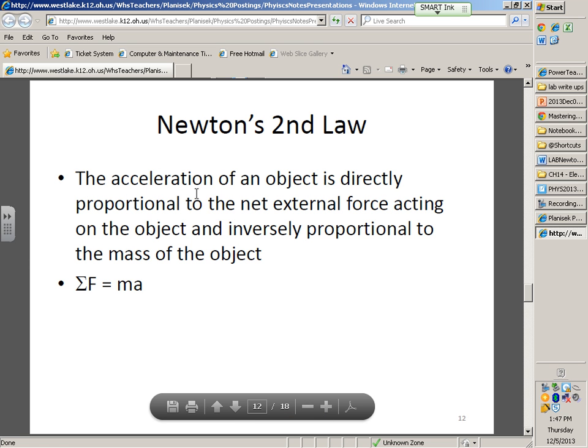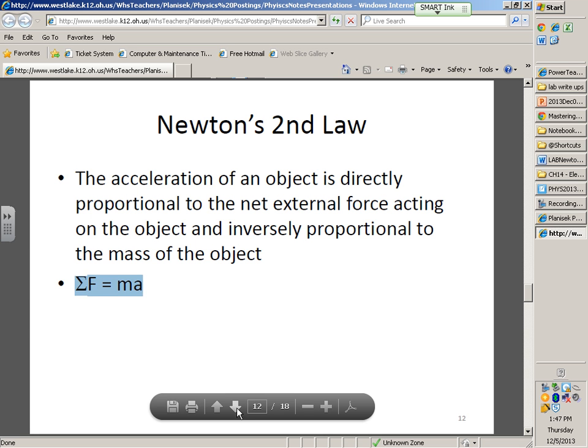The acceleration of the object is dependent upon the force acting on that object and the mass of that object. All those contributors get summarized in this equation, sigma F is equal to m times a.